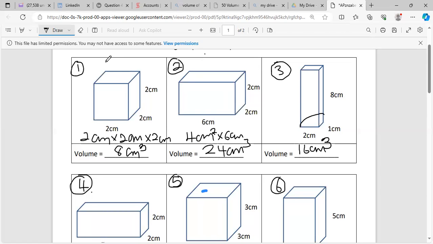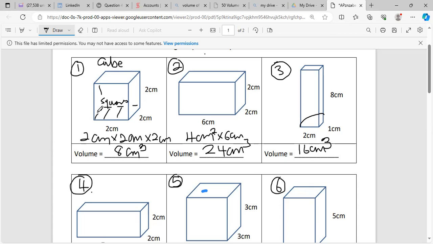So this is one we call a cube. Why is it a cube? It has all sides equal, so it's made up of squares. So what we do, we find the area for the base and we times it by the height. Since all the measurements are the same, the base would be what it's sitting on, this right here.